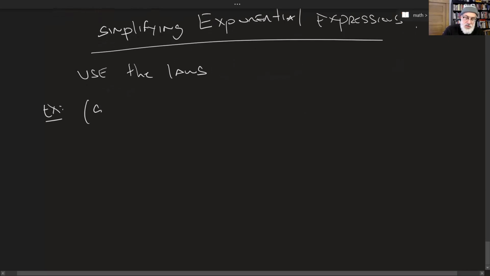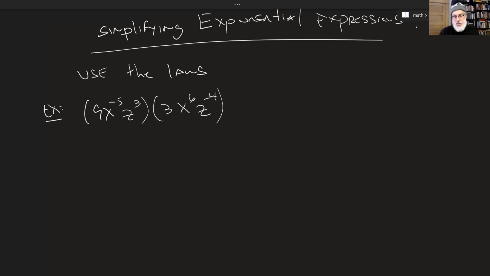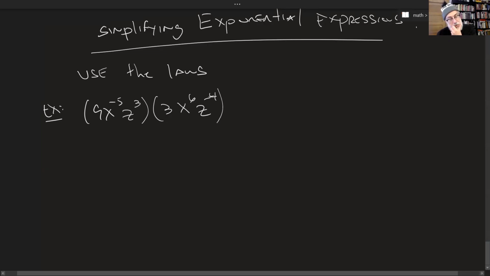So we have something like 9x to the negative 5th, z to the 3rd. We're going to multiply that by 3x to the 4th, and z to the negative 4. All right, the first thing I want to do is I want to group this a little bit better. We have the distributive property from lecture 1 or 2.